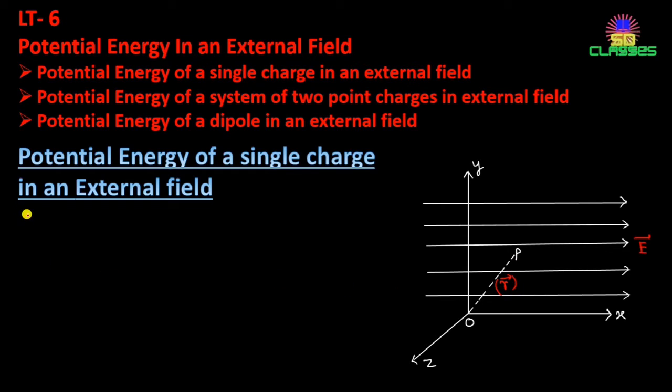Now consider the potential at P, V(r). Why V(r)? Because the point P is denoted by the position vector r. Therefore we have written V(r).